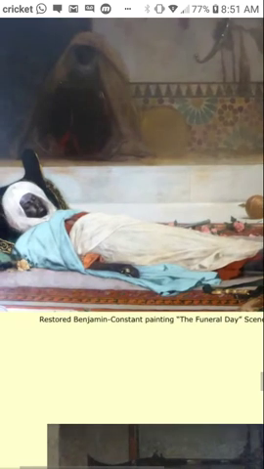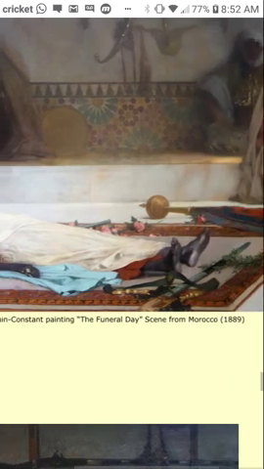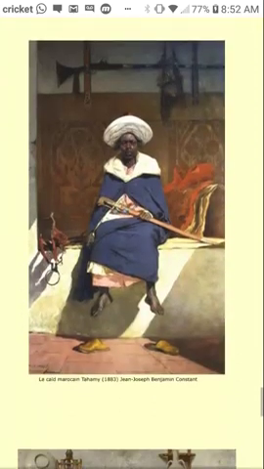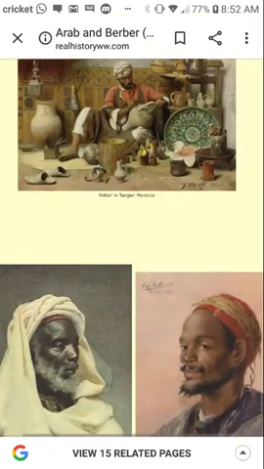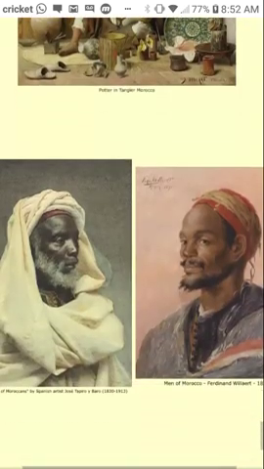Okay. This is restored Benjamin Constant painting. The funeral day, scene from Morocco. This is a dead guy, black guy, Morocco, North Africa. Lacade Moroccan, Tahami. Morocco is still black. Potter in Tangier, Morocco, still black peoples. Men of Morocco, portrait of Moroccans. See?